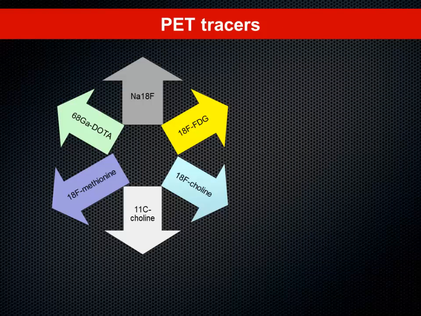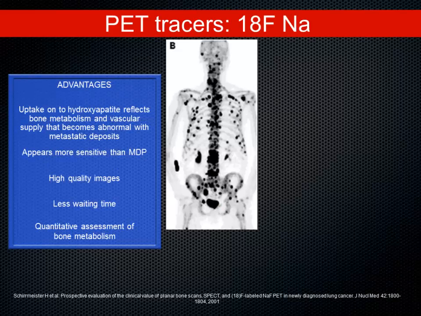Coming to PET tracers, although most departments will use FDG, fluoride is being touted as going to replace the MDP bone scan, but there are challenges related to that. I will explain why the MDP bone scan will still remain for the next 20 to 30 years.